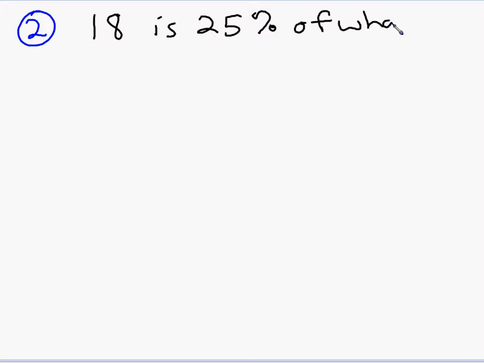Now, you may also see a good old-fashioned percent problem. Something like this one. $18 is 25% of what number?